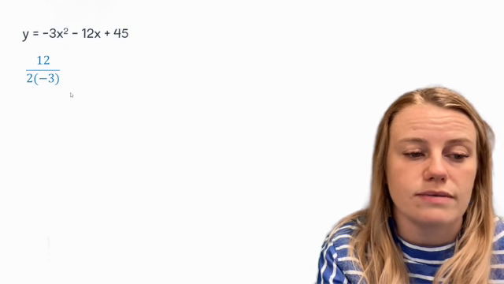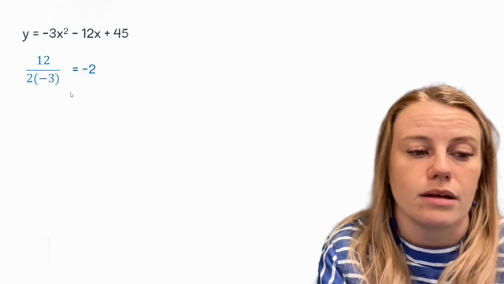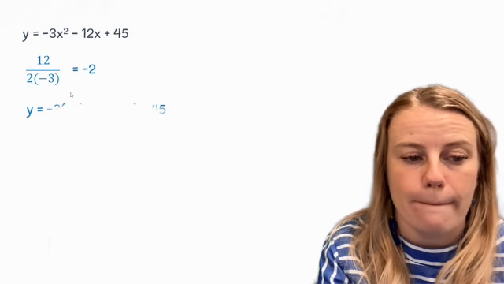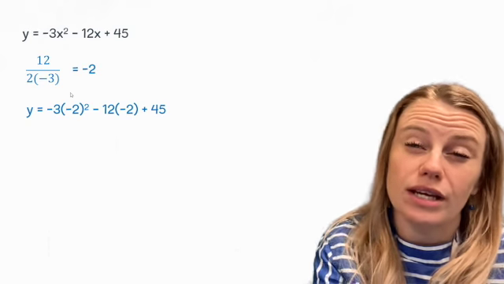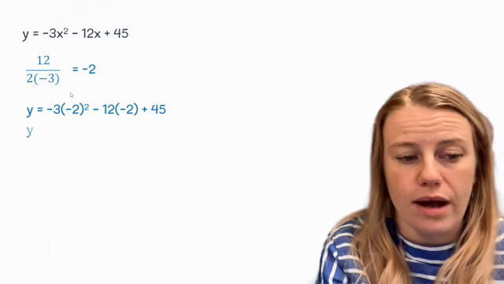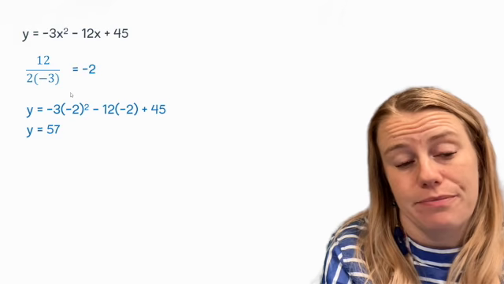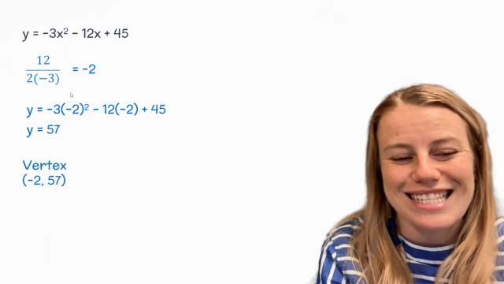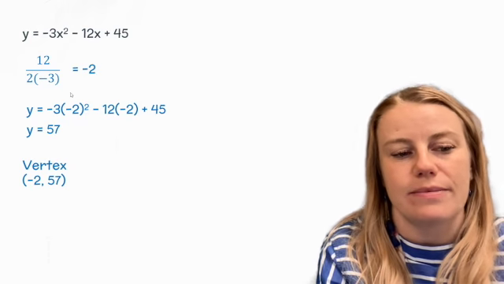So 12 divided by negative 6 gives me negative 2. Plug that negative 2 into my equation to find y. Y equals 57. So our vertex is at negative 2, 57.